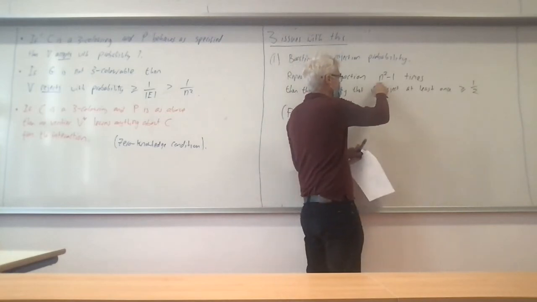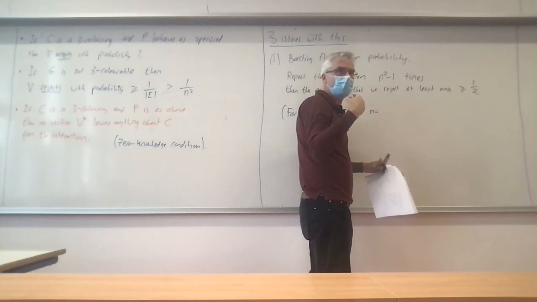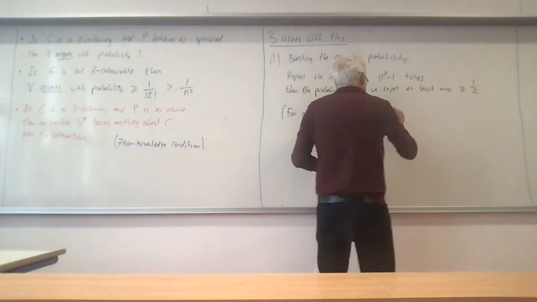So I think of n being n squared here. If we've got a probability of n minus 1 over n of acceptance, we repeat that n minus 1 times, and we ask what's the probability that we accept every time.